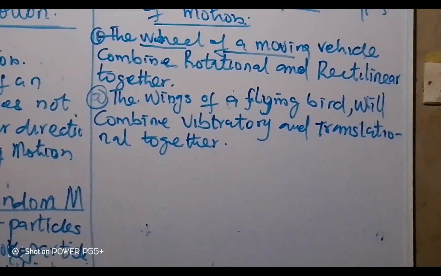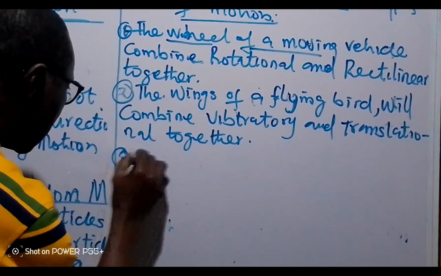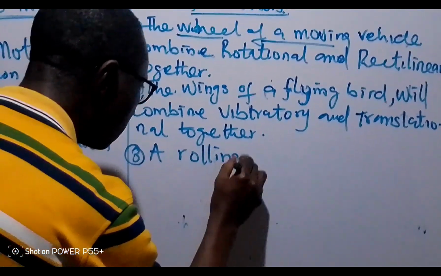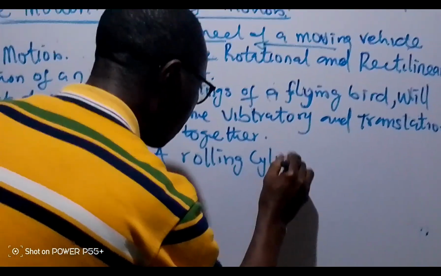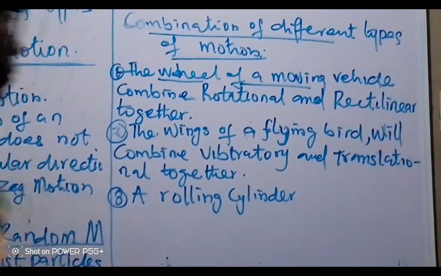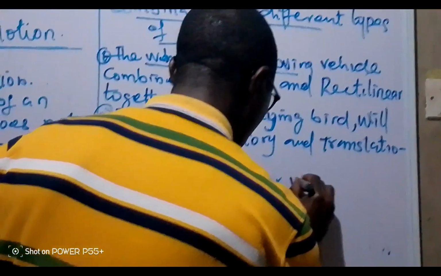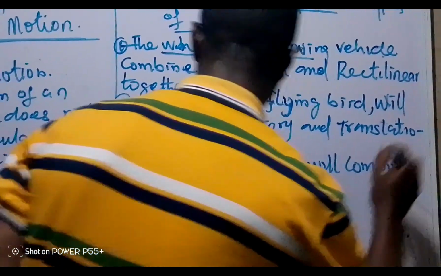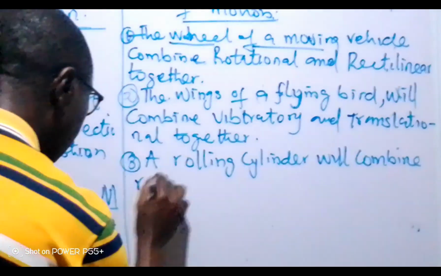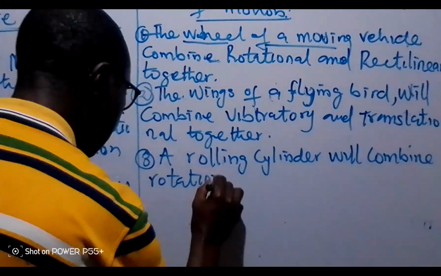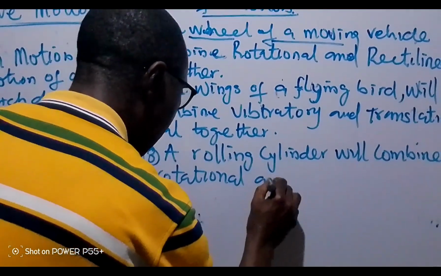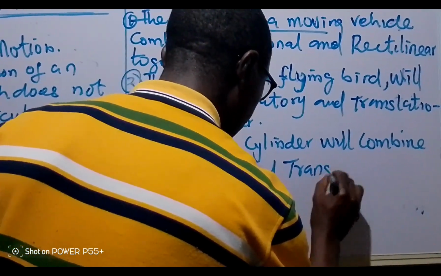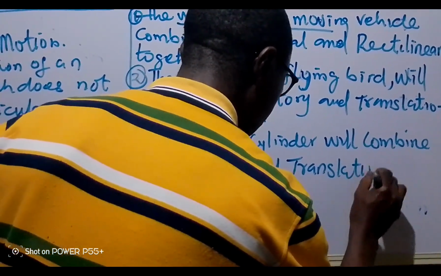Number 3, a rolling cylinder. In a rolling cylinder we combine rotational and translational together.